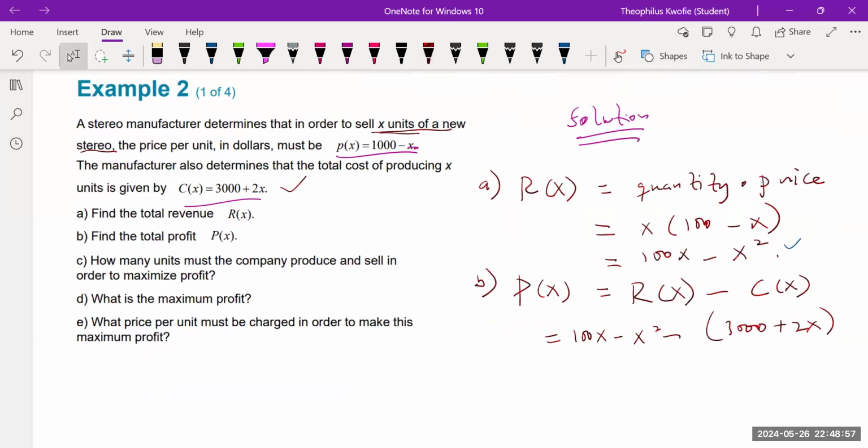Now, when we expand and simplify, we should have minus x squared plus 980x minus 3,000. Is that okay? Very, very important. Good.